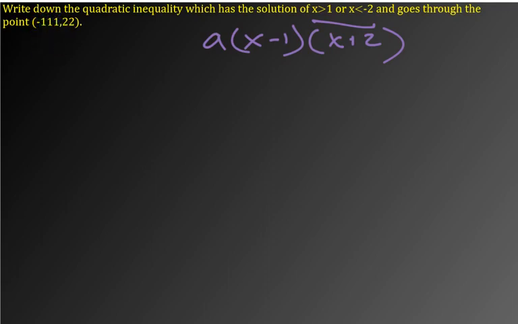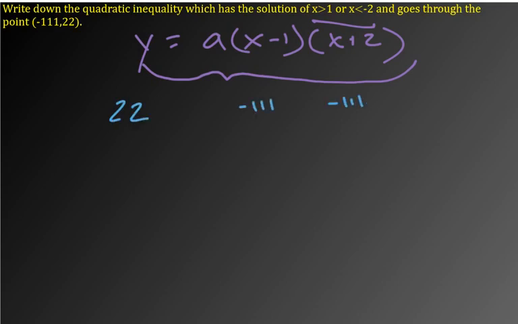So we need to take the general structure for a factored form quadratic and make it go through this point. So I'm just going to plug in y of 22 and x of -1, 1, 1, and basically solve this out, right? And this will give me the correct equation.